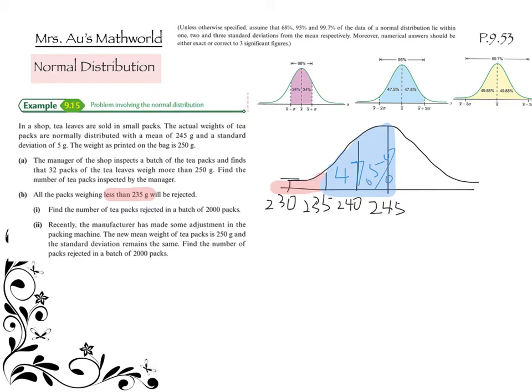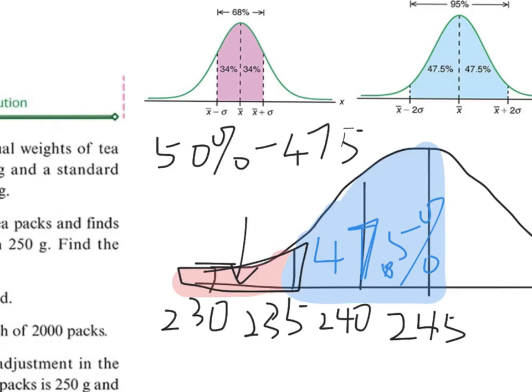Then outside means subtraction, right? So outside, the red part, is 50% minus 47.5%. Then you get 2.5% here.